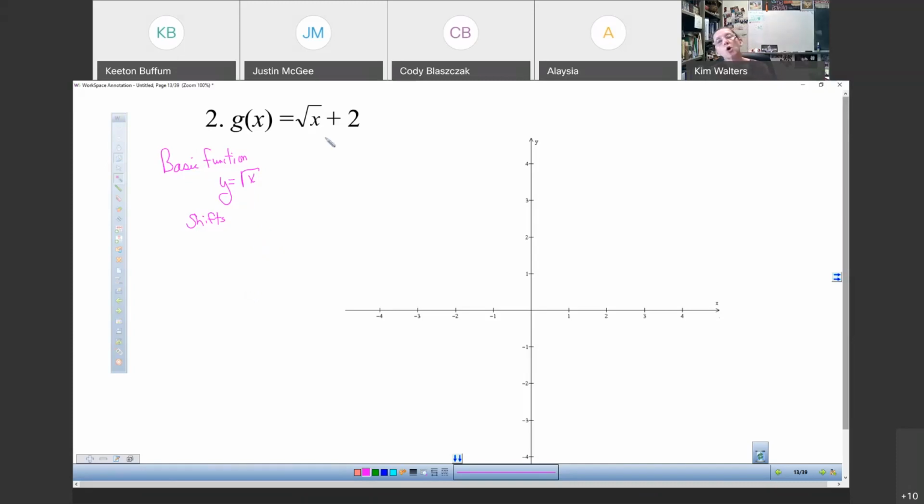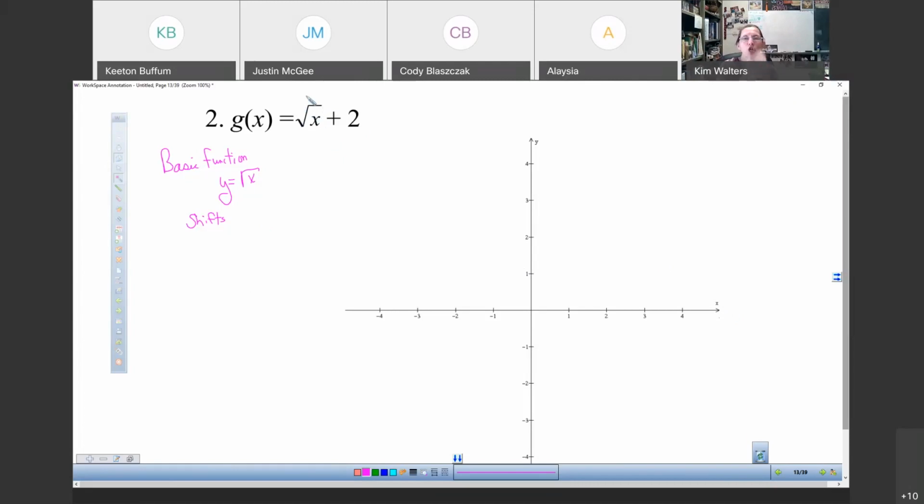Okay. So when we add or subtract to the function, and Cody, I think that was you that asked that. That was a perfect question. We are going to move them side to side, but side to side has to do with x. Right now, this square root is actually the y value. That's what's coming out of my function.